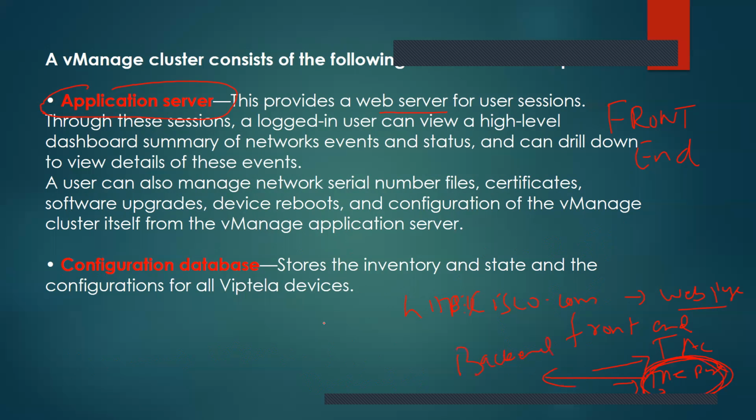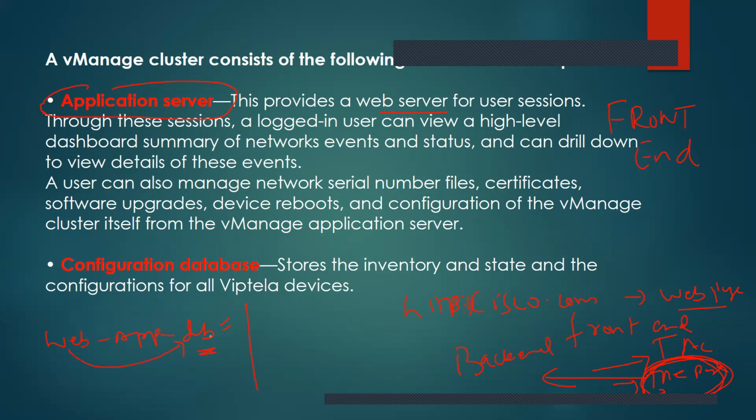Three-tier architecture is like this: web, app, and then DB. All these websites, all these front ends, must have a backend. The backend may be any type of database server where you are storing the data.